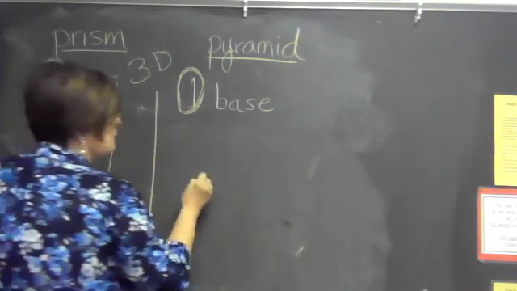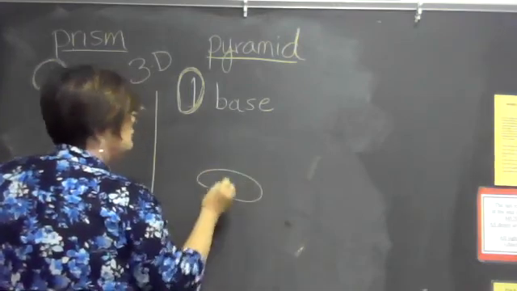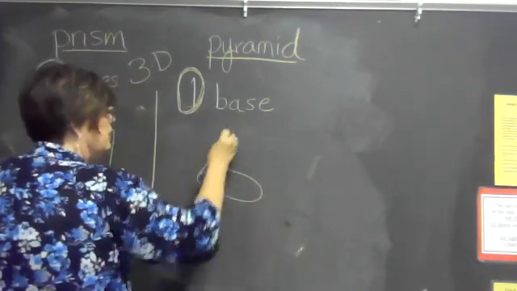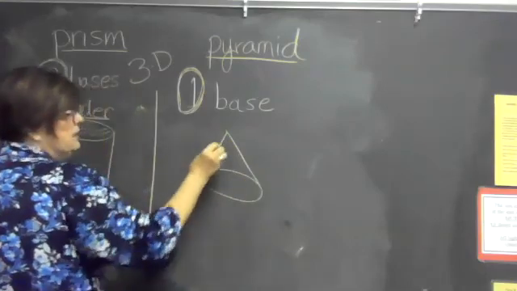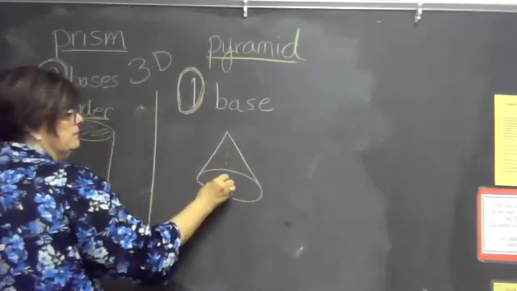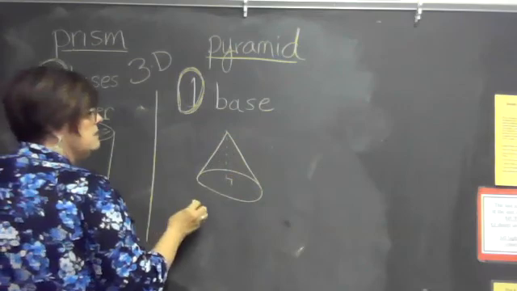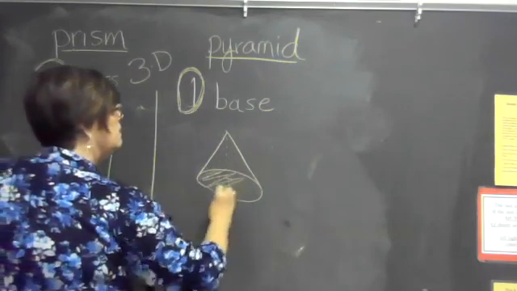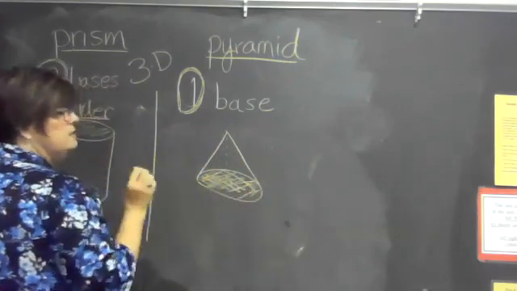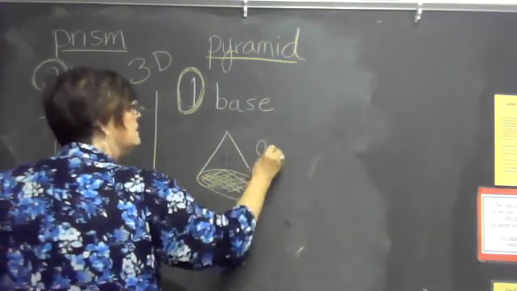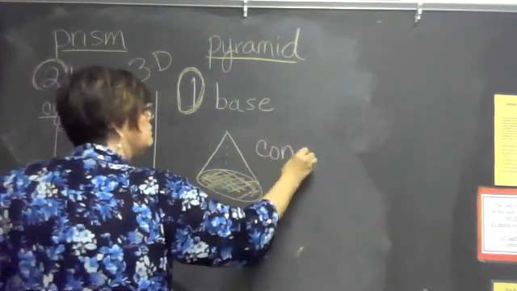So you can coordinate this with the prism, and then there's another one that's the very same as a pyramid. It has a base of a circle, but it comes to a point. And this one, see the one base right here? Since it's a circle, it has a different name, and it's a cone.